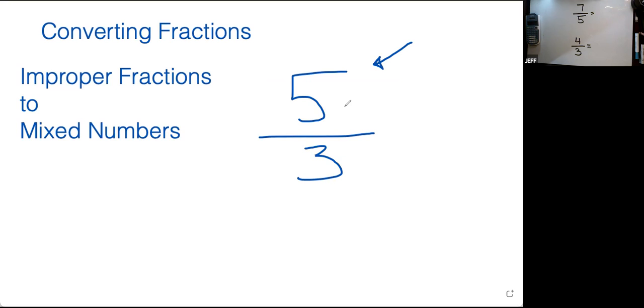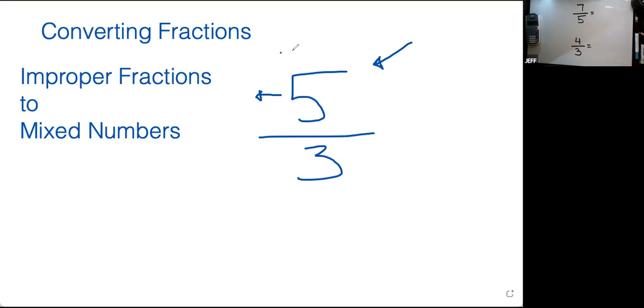The biggest reason we're doing this is because if we come to an answer that says 5/3, but that's not one of the choices, it's because we have to convert it out. The bottom number is really the important number. So how many 3s can I pull out of a 5?